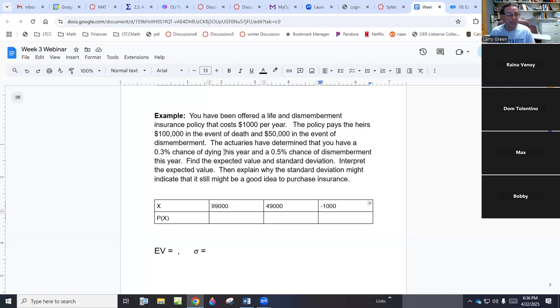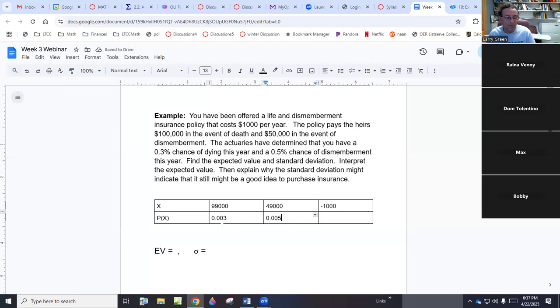The probabilities are given: 0.3% chance of dying. Remember, you have to move the decimal over 2 places, so you get 0.003. And you have a 0.5% chance of dismemberment, or 0.005.